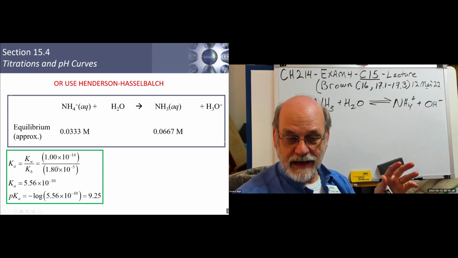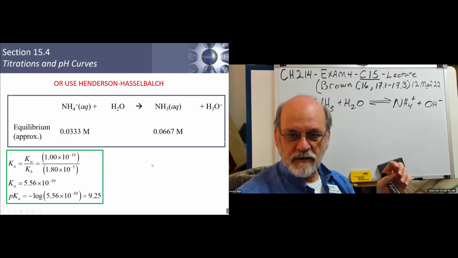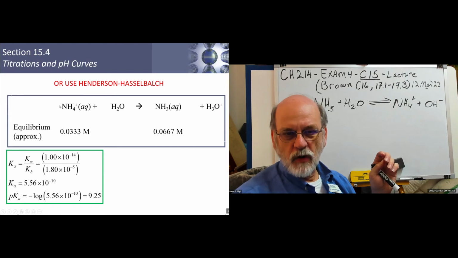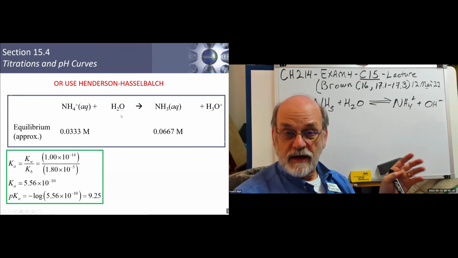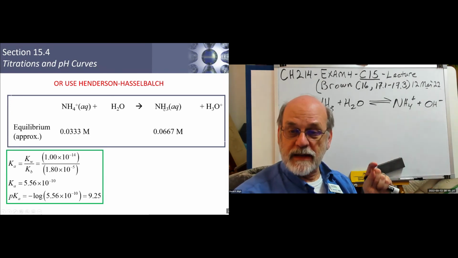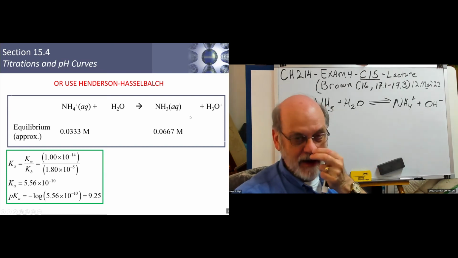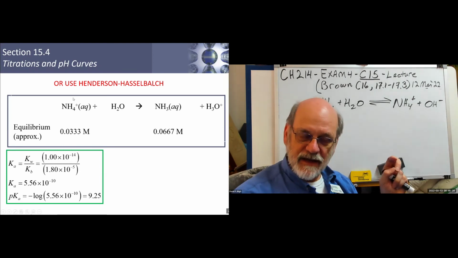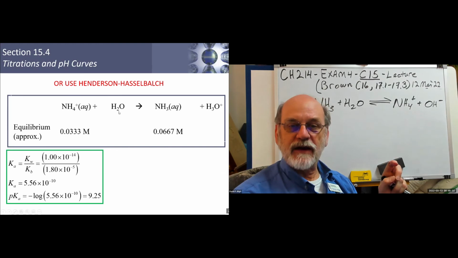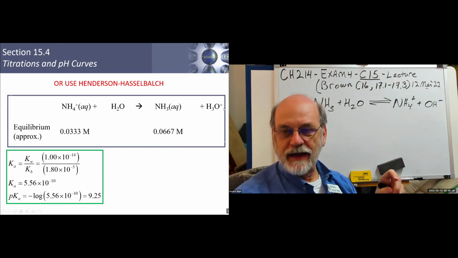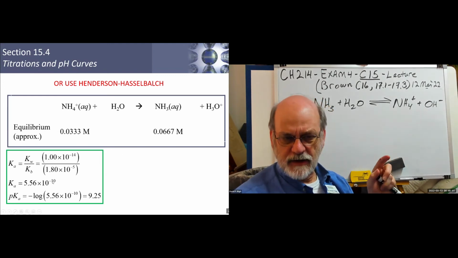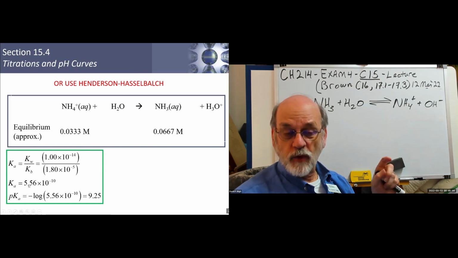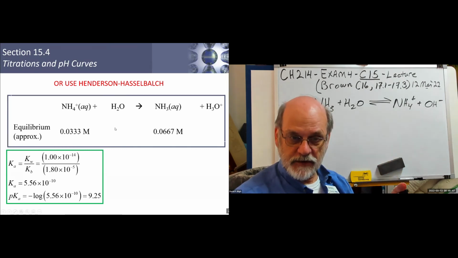We know how to calculate Ka. The KB would be ammonia plus water yields ammonium plus hydroxide. But the Ka expression takes the conjugate acid, ammonium, and reacts it with water to produce ammonia and hydronium ions. So we need a Ka expression. And the Ka is 5.56 times 10 to the minus 10 for this reaction.